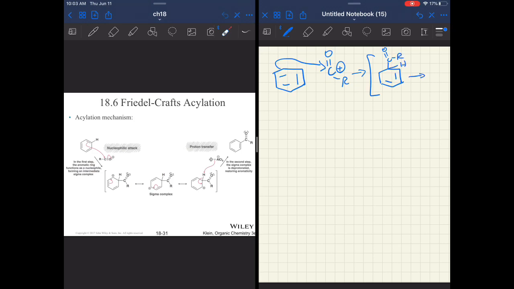Again, I'm going to leave it up to you to practice that resonance. And what's going to act as our base here? Well, we have that AlCl4, and we want to get our catalyst back. So again, we're going to form a little bit of HCl. We're going to regain aromaticity. And voila, we have added our acyl group.